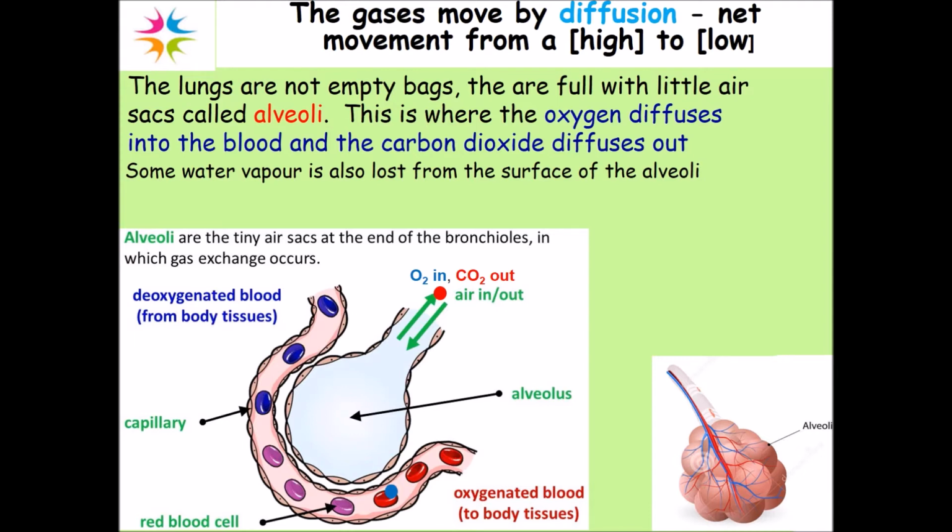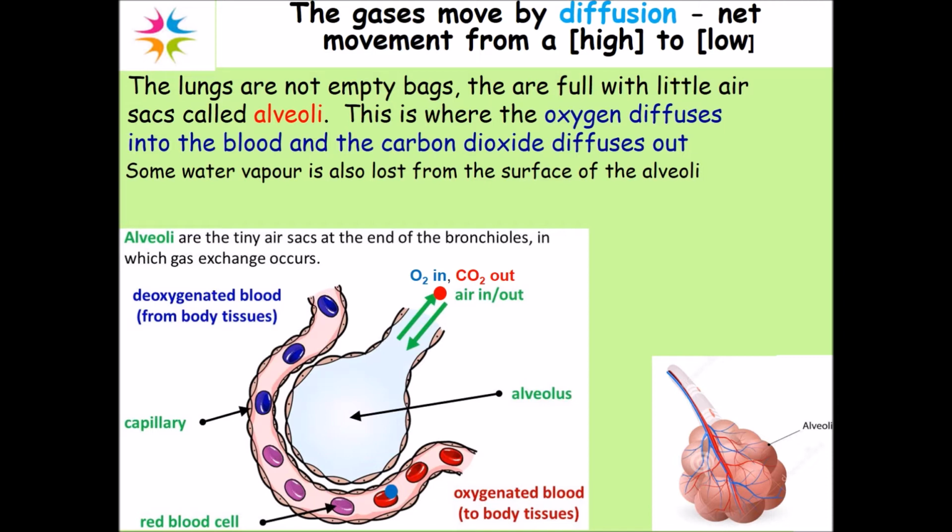Again, alveoli is plural for alveolus. This is where oxygen diffuses into the blood and carbon dioxide diffuses out. Some water vapor is also lost from the surface of the alveoli. You can tell that water vapor is lost because when you breathe on a mirror on a cold day, you can see condensation forming on the surface of the mirror.